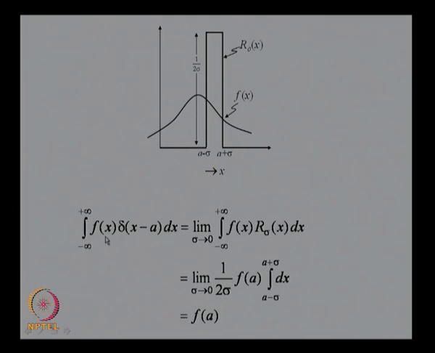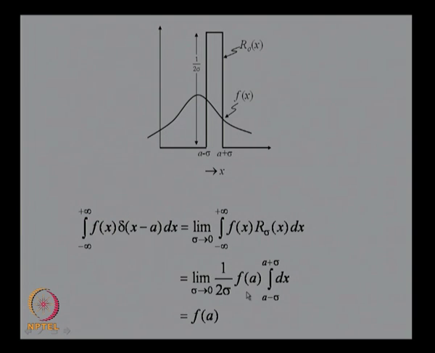So, therefore, the integral of f of x delta of x minus a dx is equal to the limit as sigma tends to 0 of the integral of f of x r sigma of x. In this tiny interval, f of x can be assumed to be constant, because this interval can be made as small as you like, and in this interval r sigma has a value of 1 over 2 sigma, and when I integrate this it becomes 2 sigma.